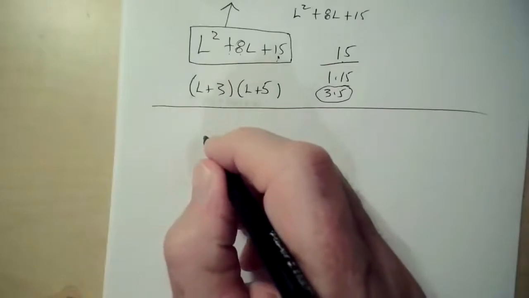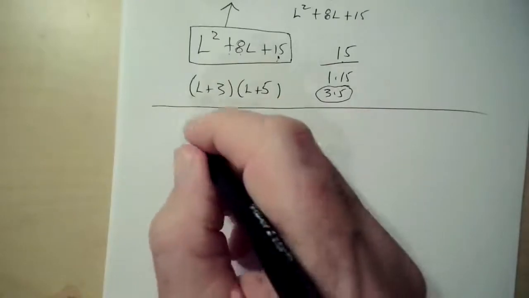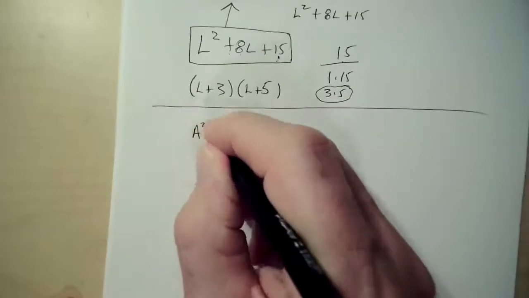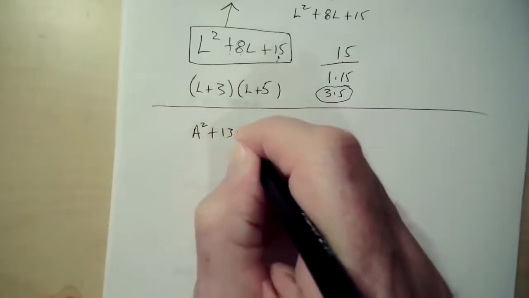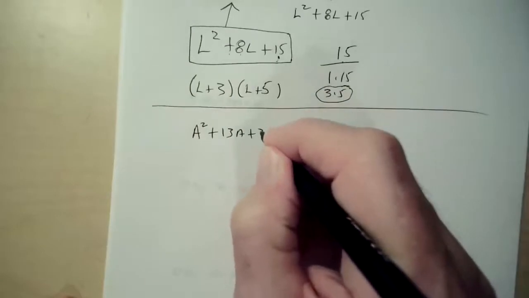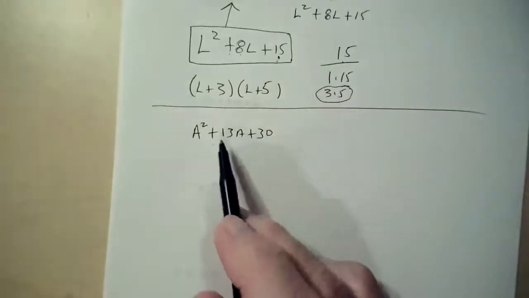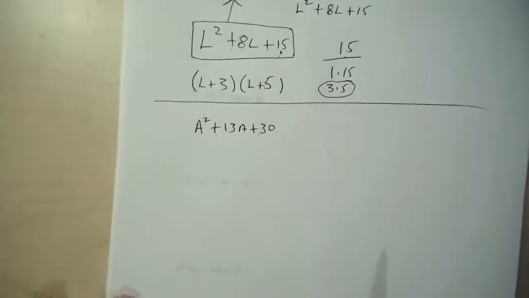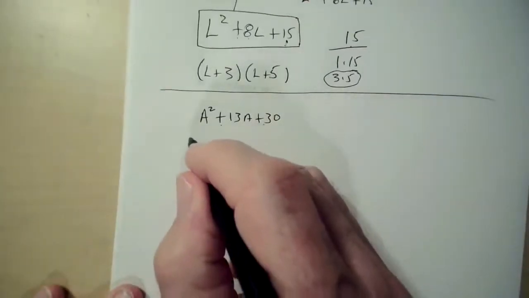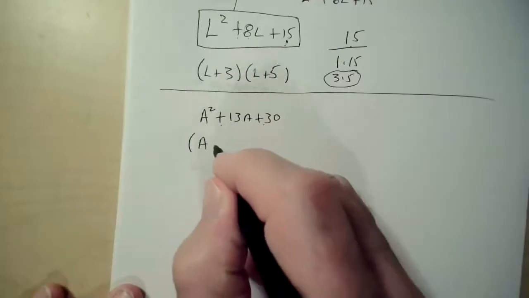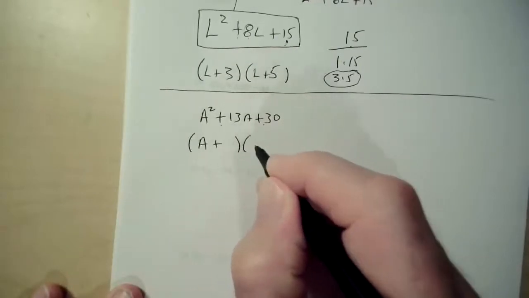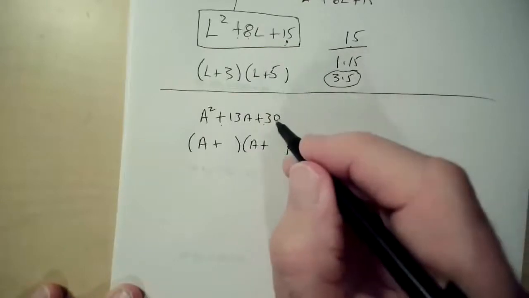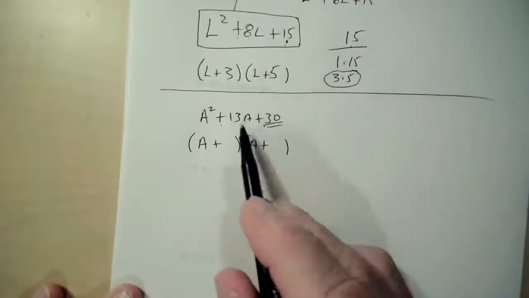Okay. What if we have this? What if we have a squared plus 13a plus 30. Now, again, everything in here is positive, so our factors are going to be a plus something and a plus something.